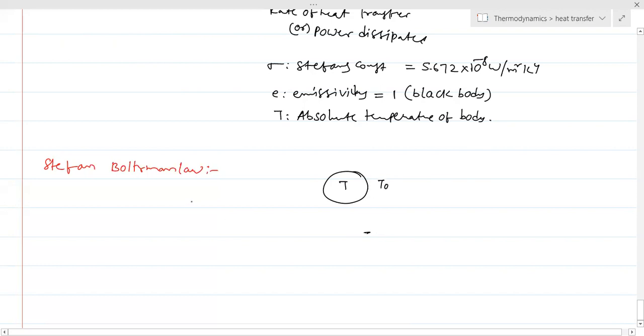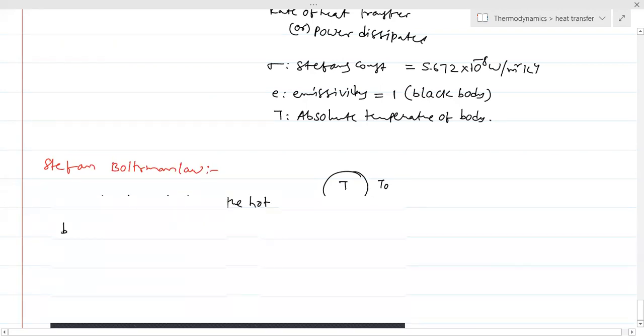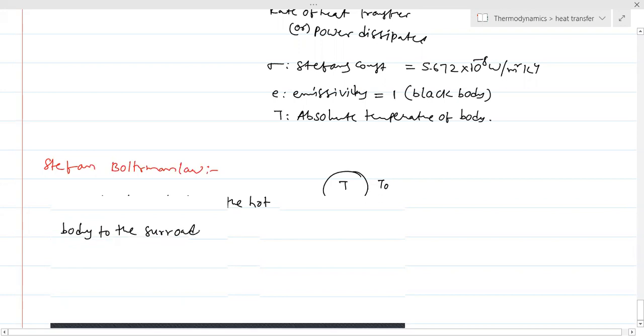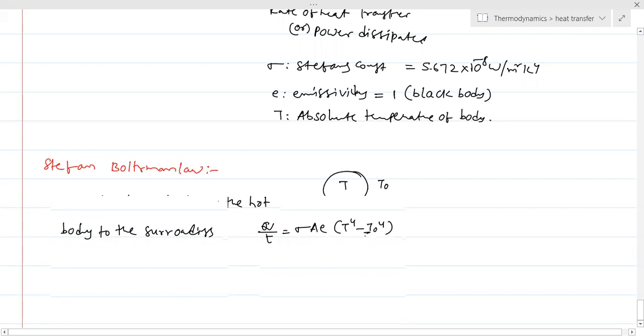The heat exchange, the heat lost by the hot body to the surroundings, is Q by t equivalent to sigma A into T power 4 minus T naught power 4.